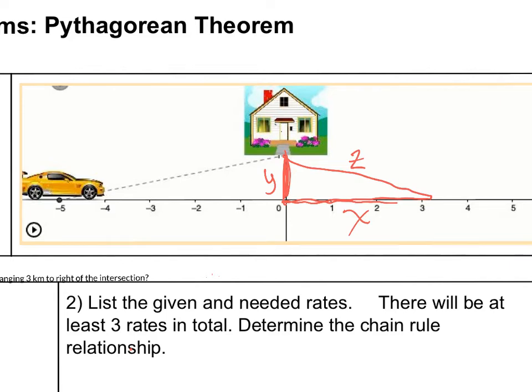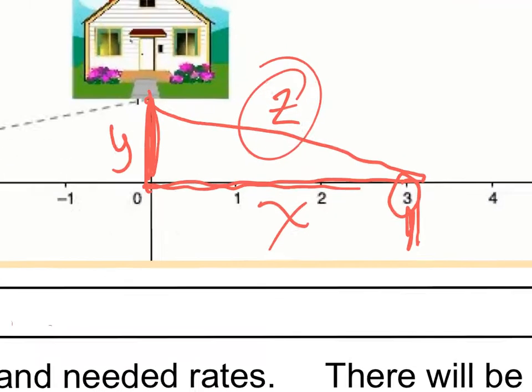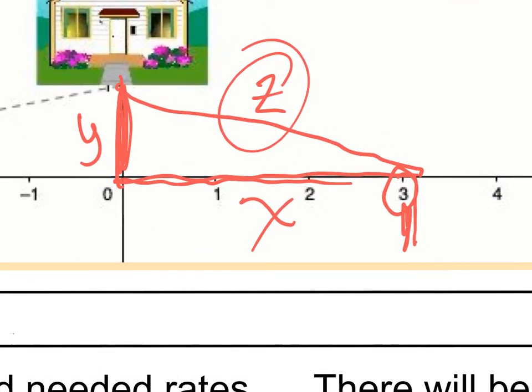And what we're actually trying to figure out is dz by dt. How quickly is that distance changing with respect to time? That's the question, that's our goal. And recognizing that we're at an instant when we're exactly 3 kilometers past the intersection, and the car is moving at a rate of 80 kilometers an hour.